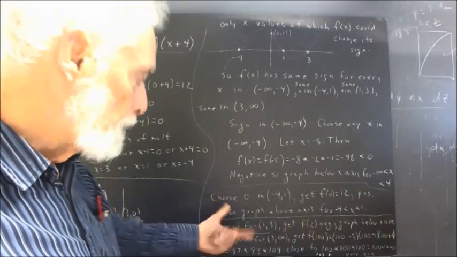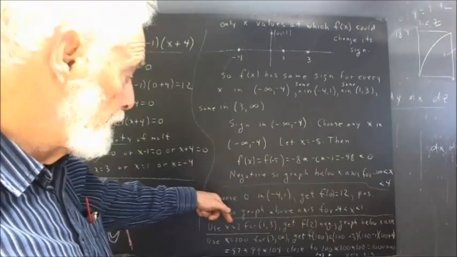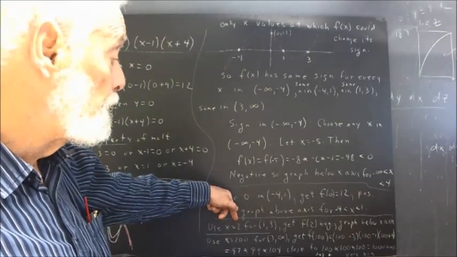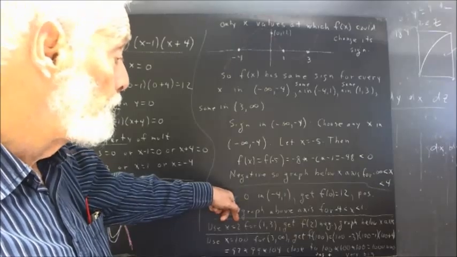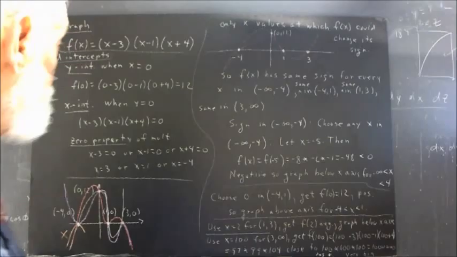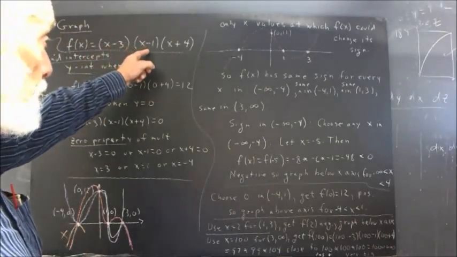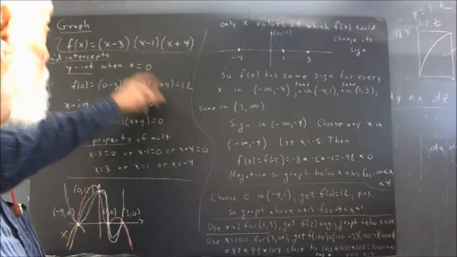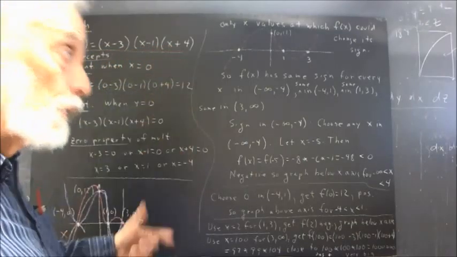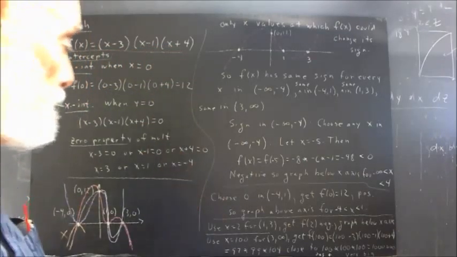On the interval from 1 to 3, the easiest number to use is an integer, and the only integer we've got between 1 and 3 is 2. If we let x equal 2, we get a negative number, and you can verify that for yourself. 2 minus 3 is negative. 2 minus 1 and 2 plus 4 are both positive.